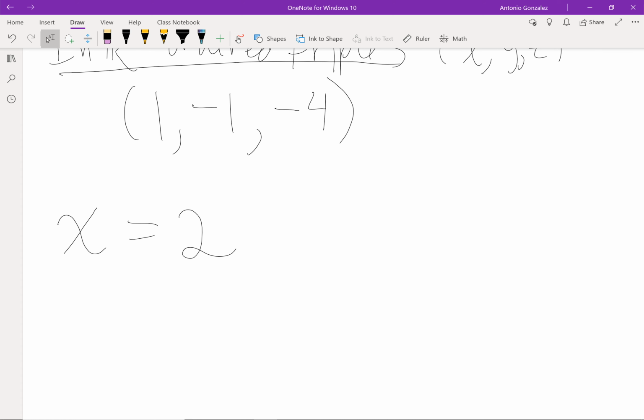If x equals 2 is my equation, what would a point that satisfies this equation have to look like? Well, x has to be 2. But what do y and z have to be if they don't show up in the equation? They can be anything you want them to be. The only requirement is that these can be any real numbers.